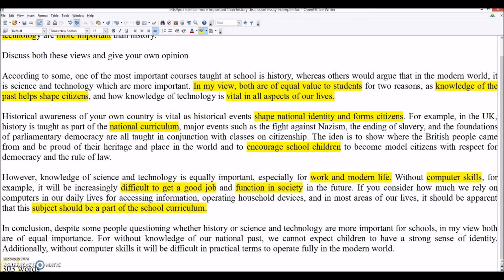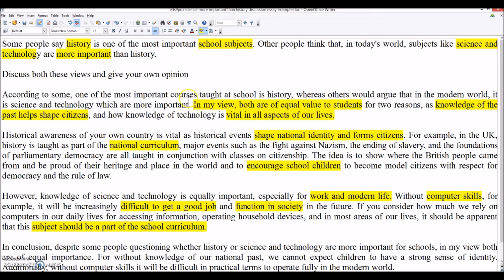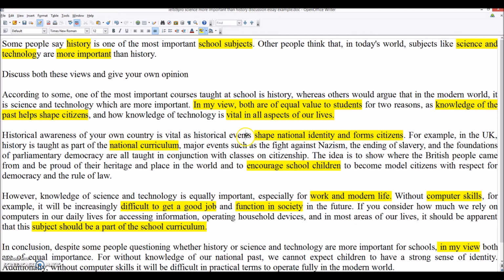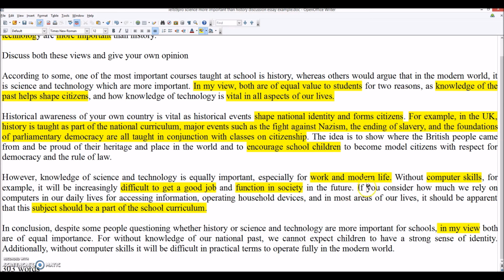We've got 300 words, we've paraphrased, we've got a clear opinion that's clear throughout. We've got two ideas that's extended, explained with specific examples. And that's basically it. That's how task response works.